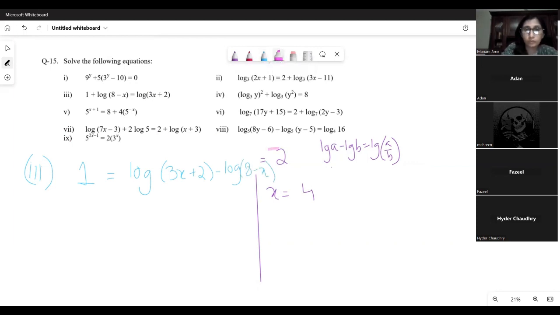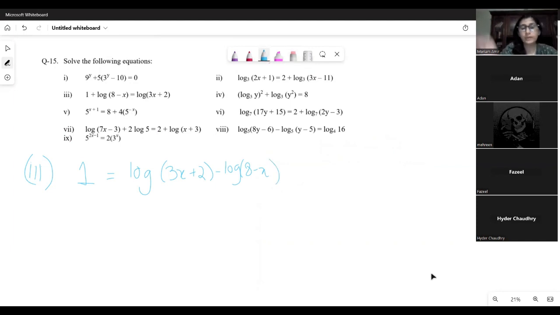Going to use the property of log here, which is log a minus log b equals log a by b. So log of (3x plus 2) over (8 minus x).